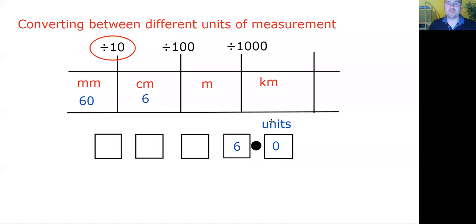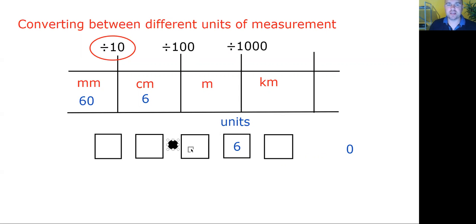Now, if we're moving from 6 centimeters to meters, we're going to move how many places? Let's have a look. There's 1, there's 2 zeros. So we've got 6 centimeters and we're going to move 2 places. 1, 2.